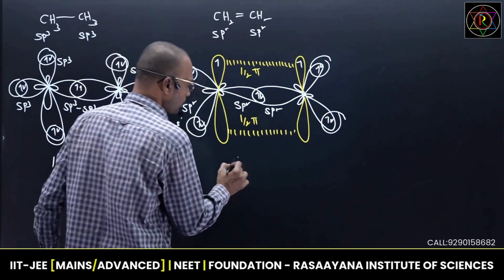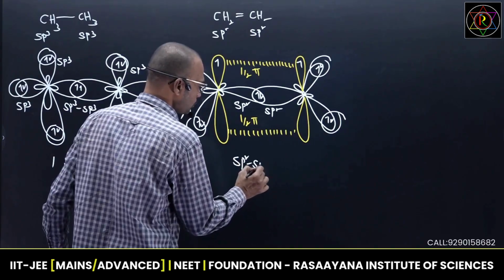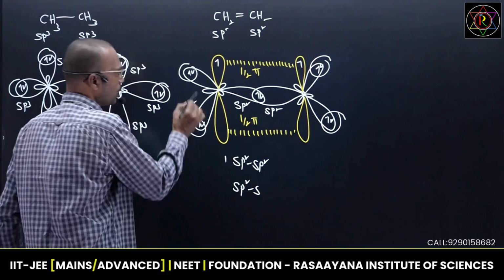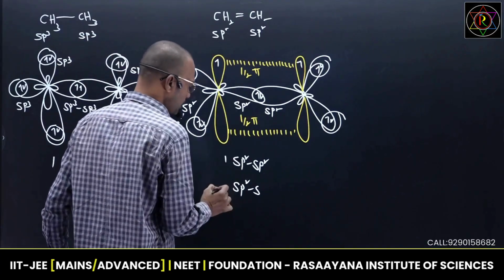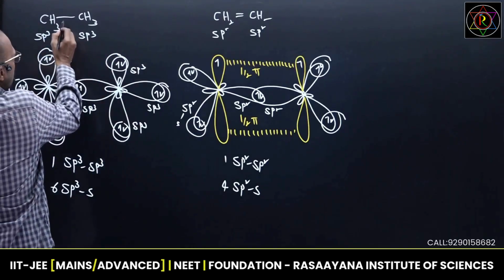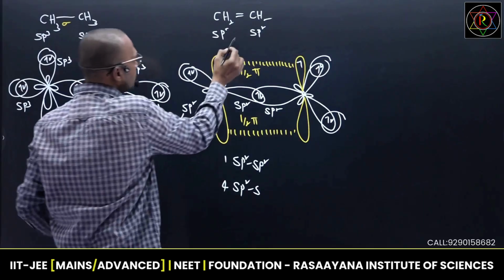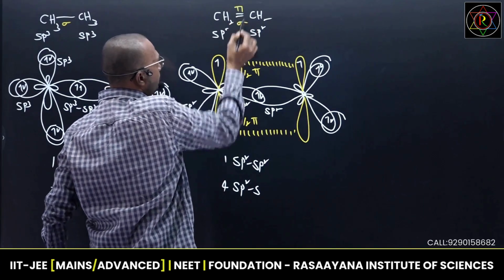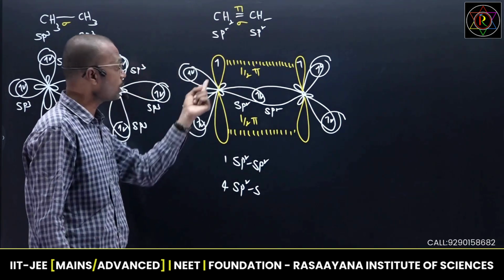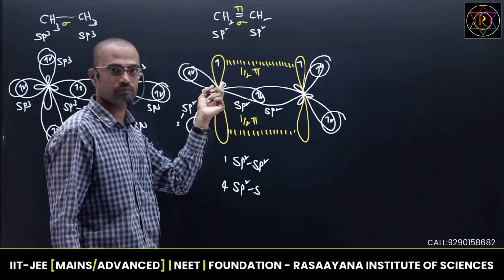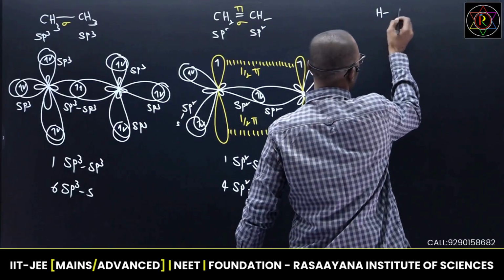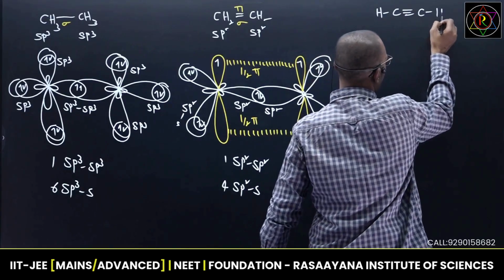So a total of 2 different overlaps are possible: sp2-sp2, 1, and the remaining sp2-s overlaps, here 4 hydrogens are present, so 4. Here only a sigma bond is present, there is no pi bond, but here both sigma bond and pi bond are there. Pi bond formation always takes place by sideways overlap between two real orbitals. That is the concept.